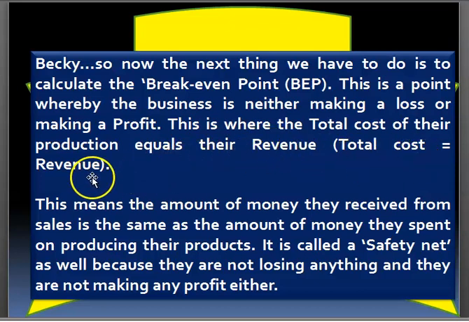Total cost equals revenue. This means the amount of money they received from sales is the same as the amount of money they spent on producing their products. It is called a safety net as well because they are not losing anything and they are not making any profit either.